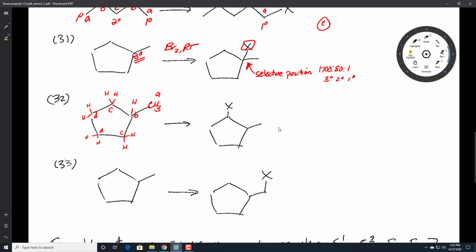percent yield there would be either using bromination or chlorination at room temperature.